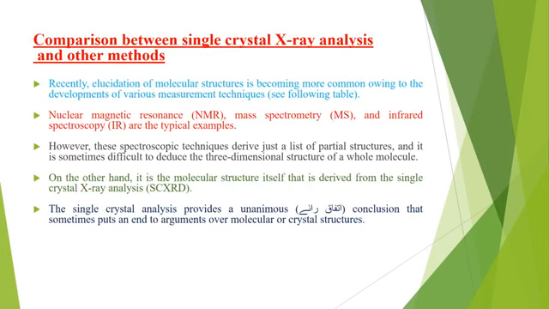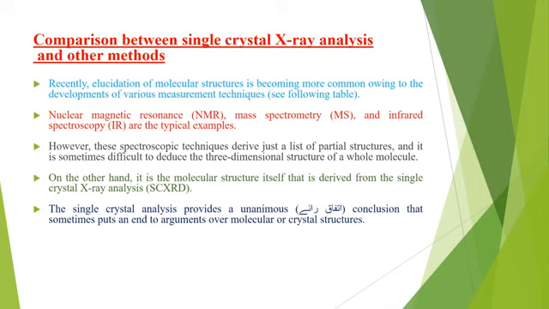Here is a comparison between single crystal X-ray analysis and other methods. Recently, elucidation of molecular structure is becoming more common owing to the development of various measurement techniques. And there is a table in the next slide.